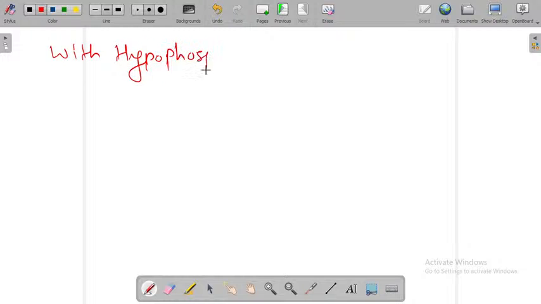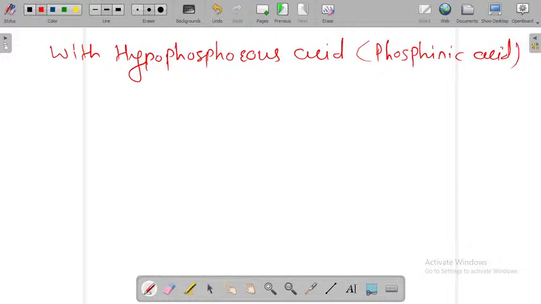Hypophosphorus acid is also called phosphinic acid, and the formula is H3PO2. There are more hydrogen atoms, which means it is an acid.